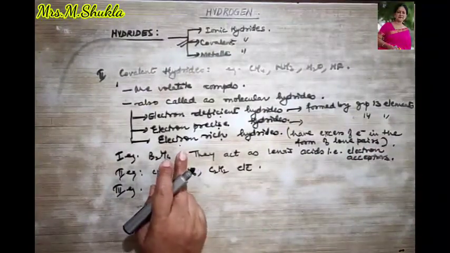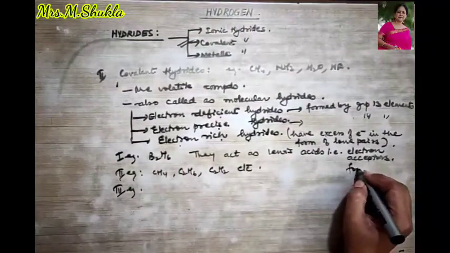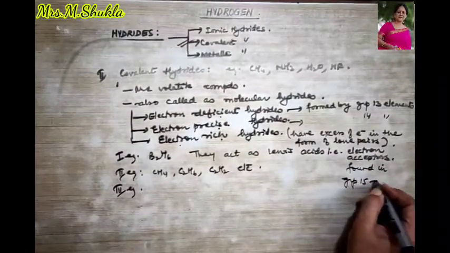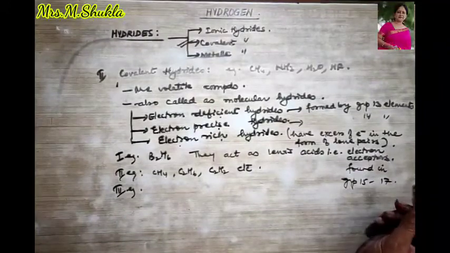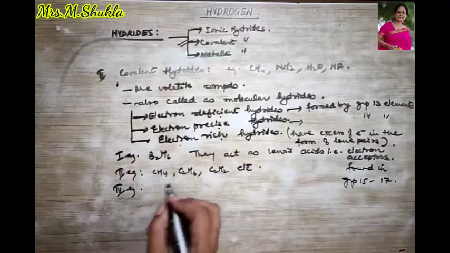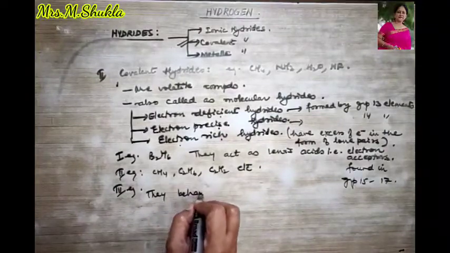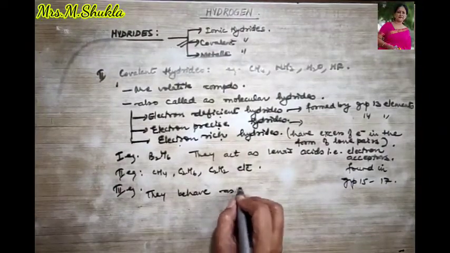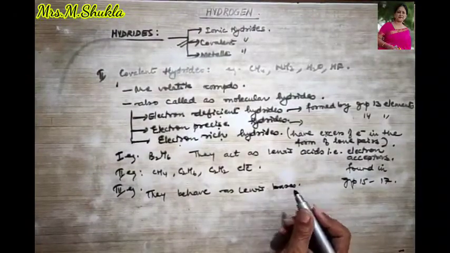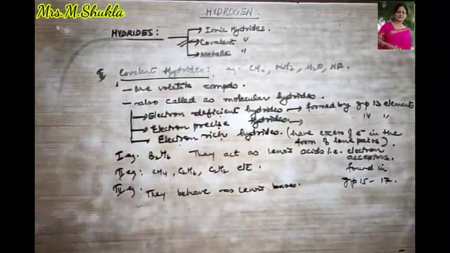These elements are found in group 15 and group 17. So they behave as Lewis bases, right? So this was all about your covalent hydrides.